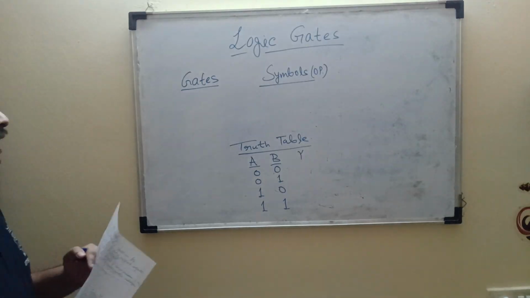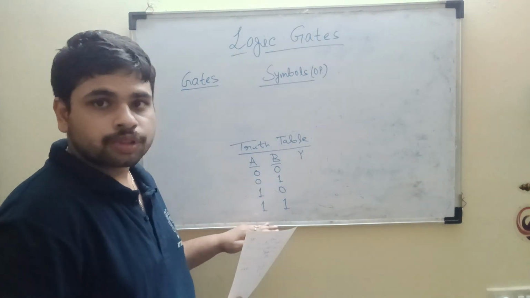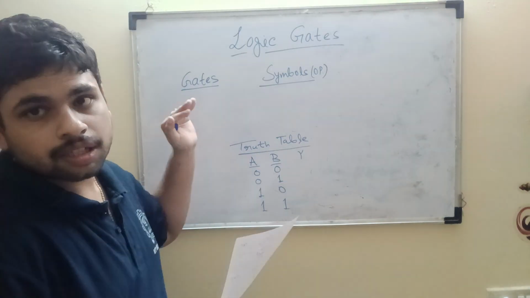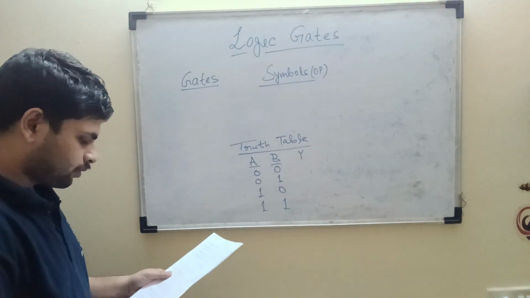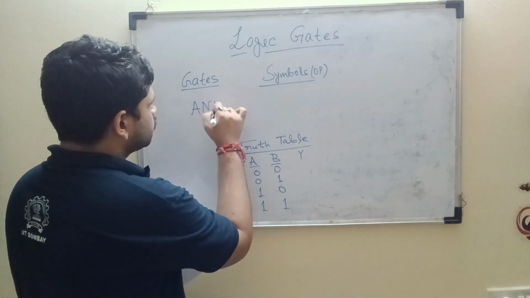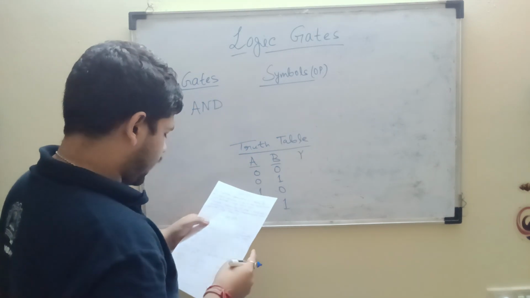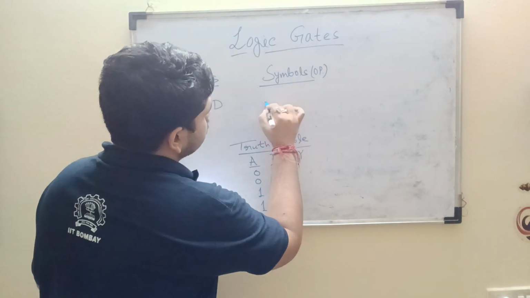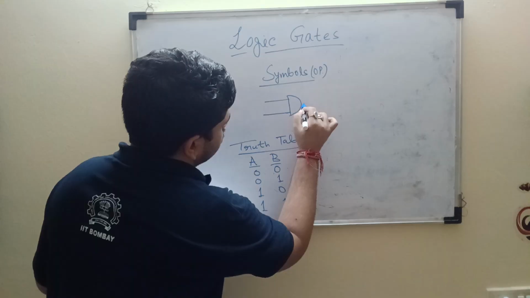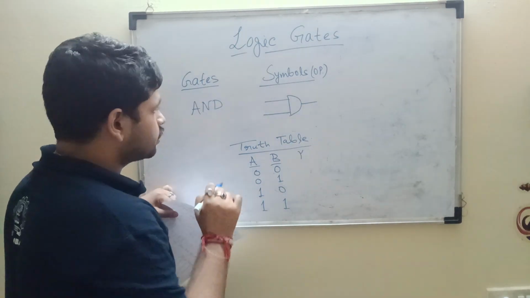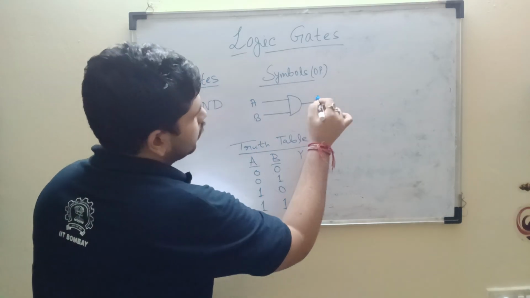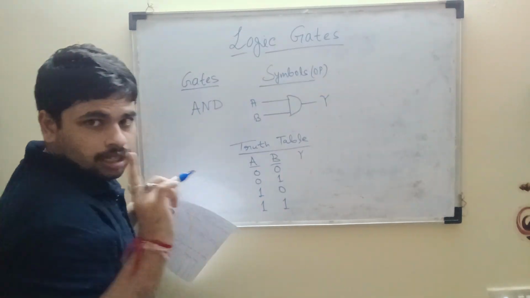Based on this kind of input, we will describe the operations and the symbols of the respective logic gates. We will first try the AND gate. For the AND gate, the symbol will be just like this. A and B are the inputs, and Y will be the output.